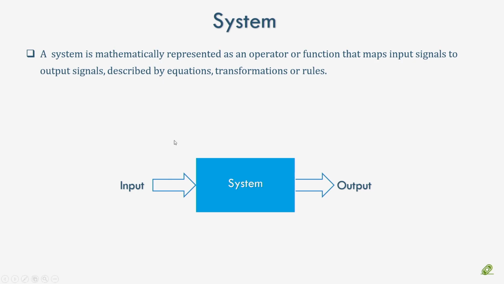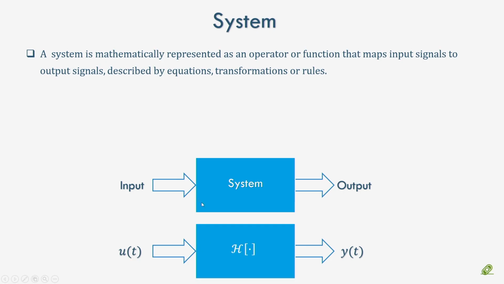So how do we write it mathematically? The input is a signal, so we write u(t). u(t) is the input signal, say in the time domain, and the output is y(t). We will use y for output and u for input throughout the course, and the independent variable will always be time.